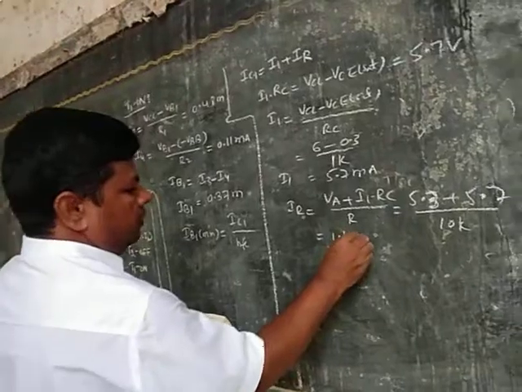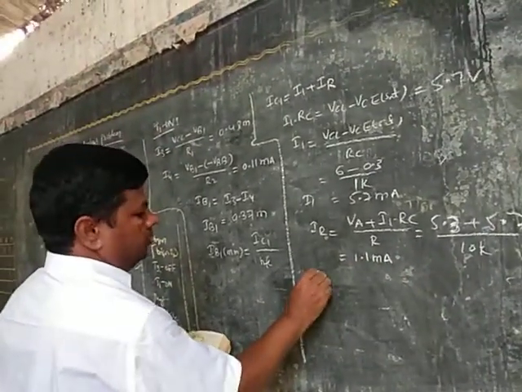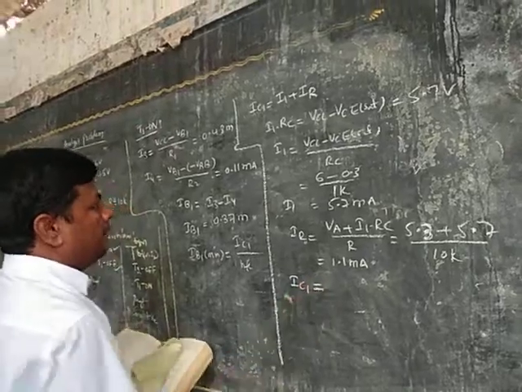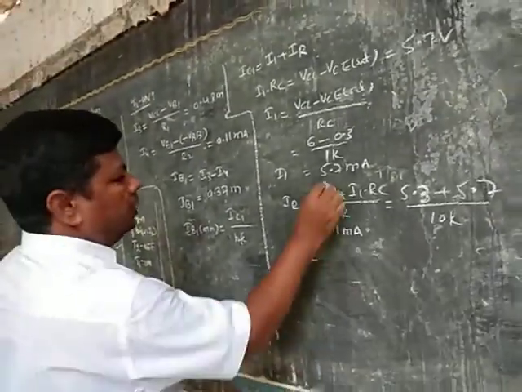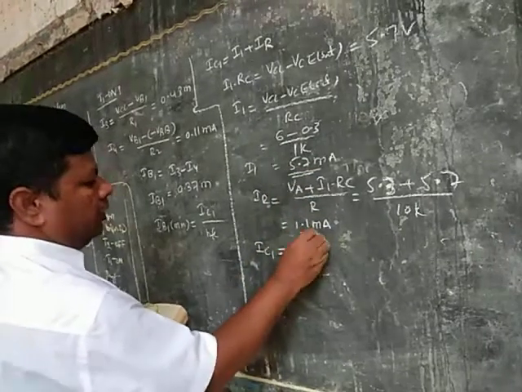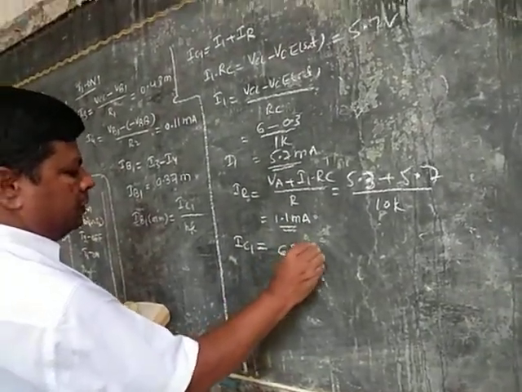Now IC1 is equal to I1 plus IR, that is 6.8 milliamperes.